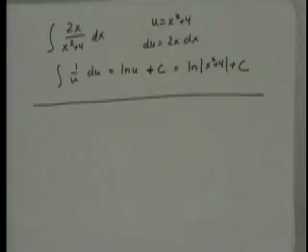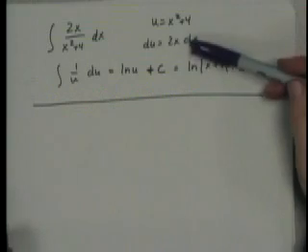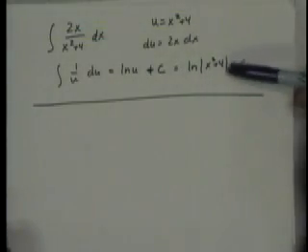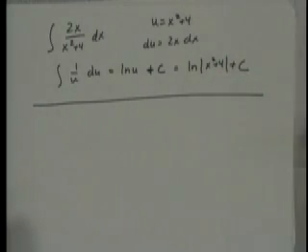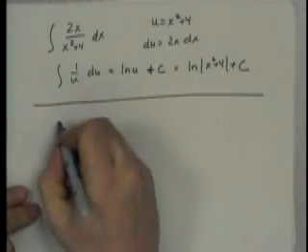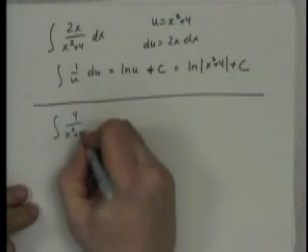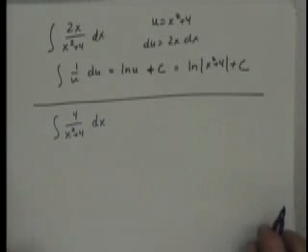So the first one was the 2x over x squared plus 4. If I let u be the x squared plus 4, du is 2x dx. This ends up being the natural log of u, which is the natural log of x squared plus 4. If I do the integral of 4 over x squared plus 4, this is the one we just did from last night's homework.